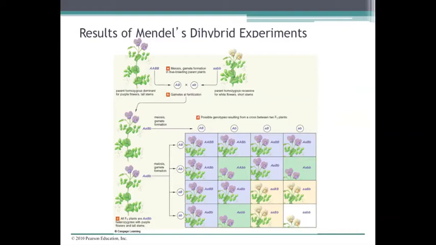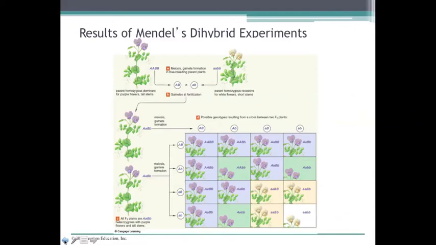Now we're looking at purple and white, plus we are looking at height. So in this case, we have to have 4 genes from each side to determine what the possible offspring will be. You have to figure out what are going to be the gametes.